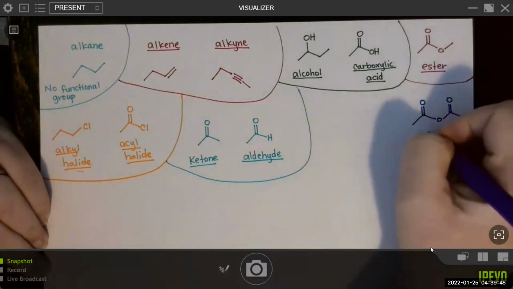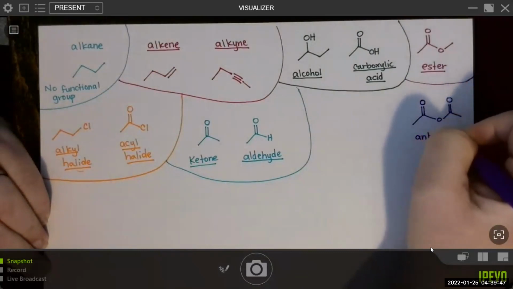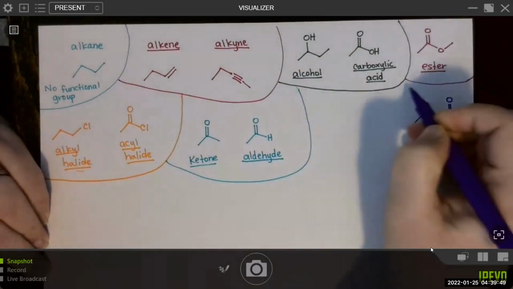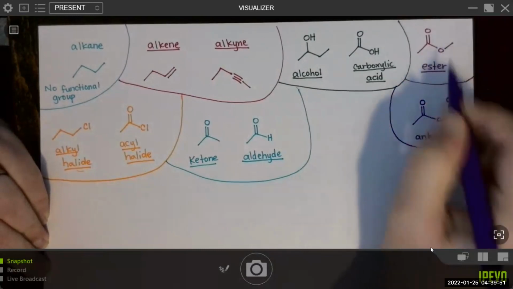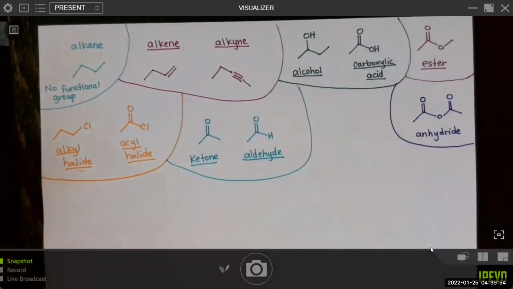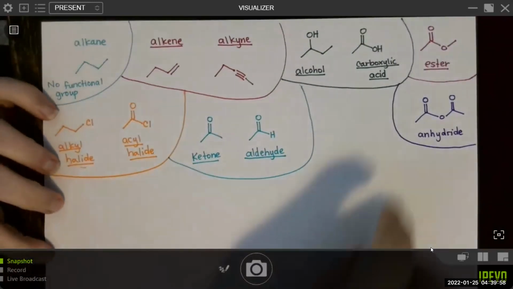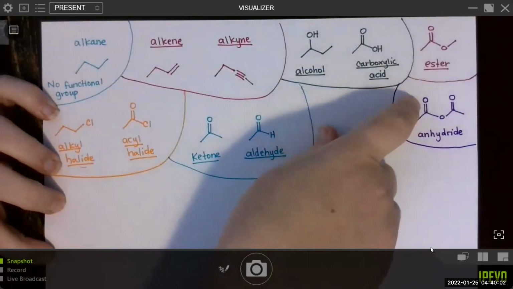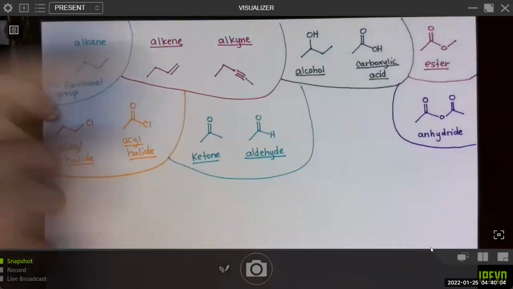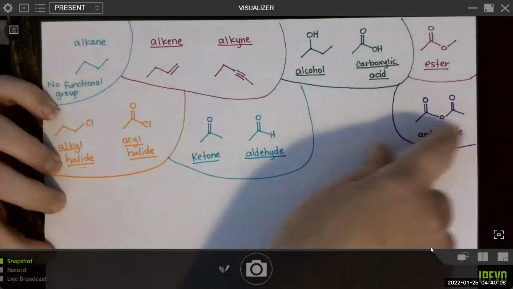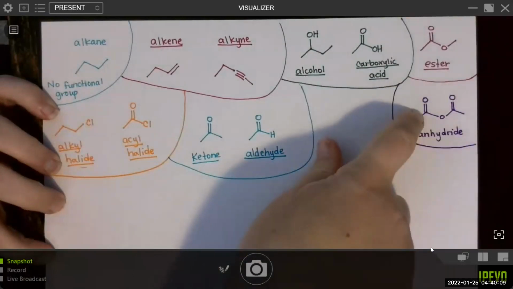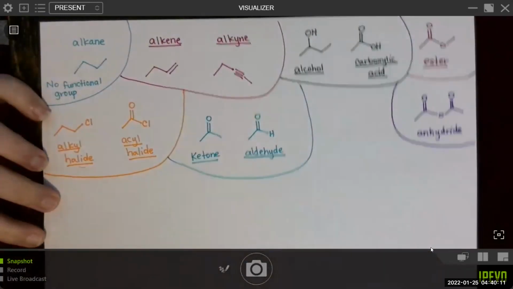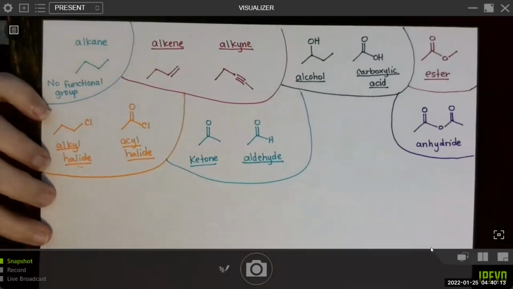This is actually called an anhydride. I'm going to put it next to this one so you can see the difference. It's really important that you understand that this is not both an ester and an anhydride. Because of the additional carbon double bonded to an oxygen, the whole thing is just called an anhydride, and there's no ester present. So hopefully that makes some sense.